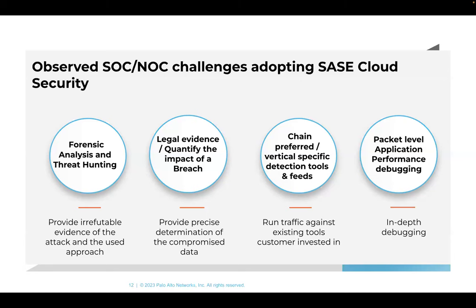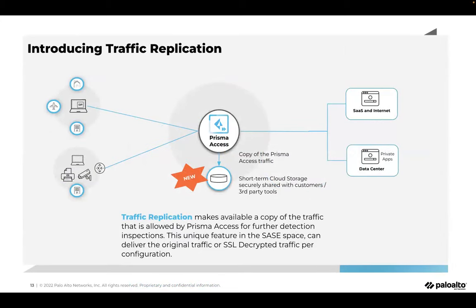So again, you end up at some point very deep in your investigation finding it very helpful to get a copy of the traffic that's between your user and the app. So again, these were very common use cases in the legacy architectures, right? When you would have these additional SOC and NOC tools in your data center.